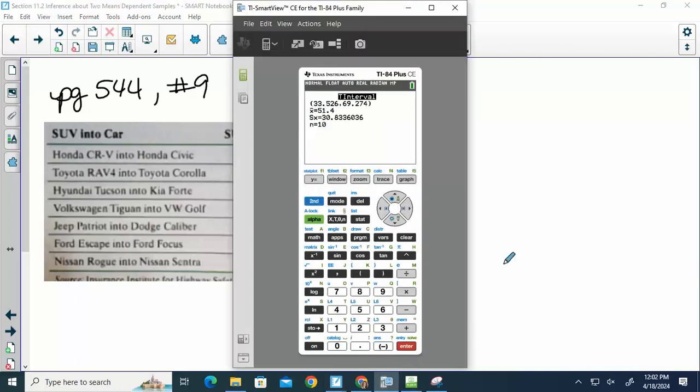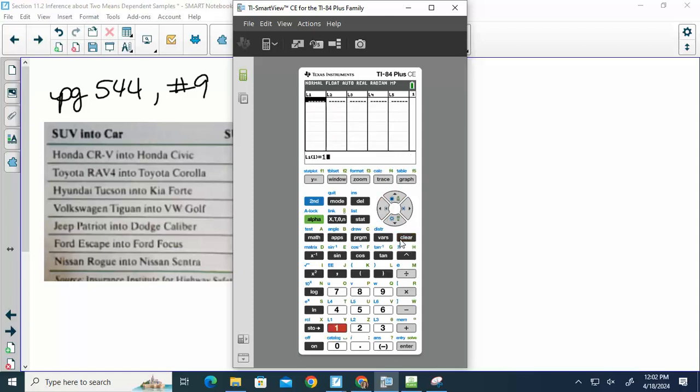All right, so we have to enter our data. You guys are ahead of me because you were doing it while I was going through that. So we go into stat, edit, make sure you clear, don't delete, please.